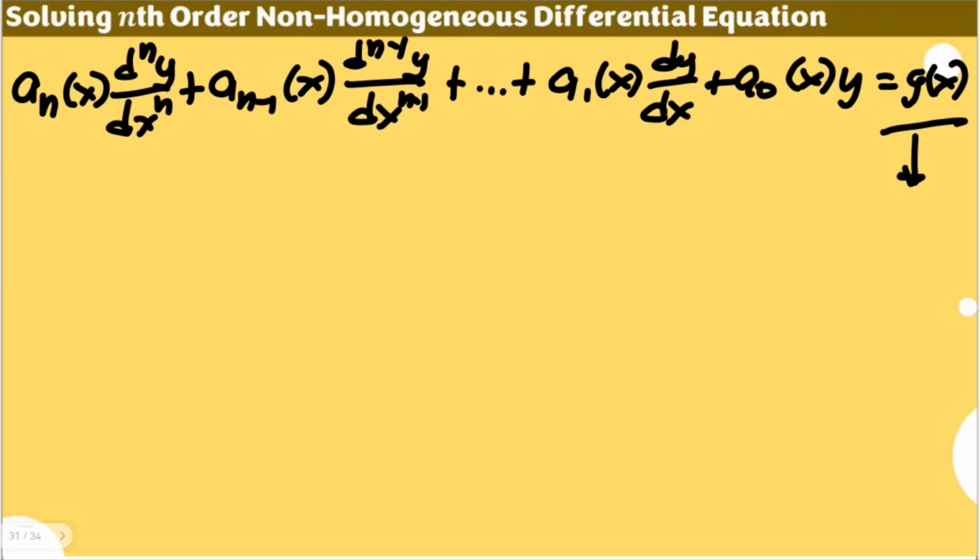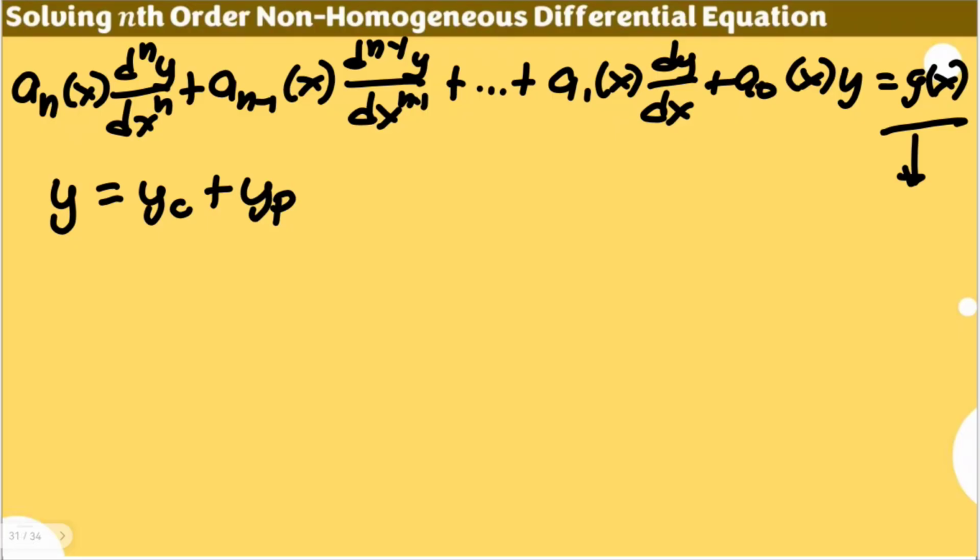For the steps, together with the solution for non-homogeneous, our solution is actually expressed in this manner: y sub c plus y sub p.